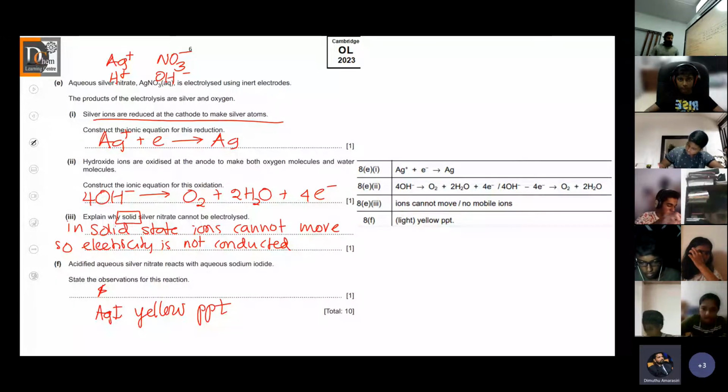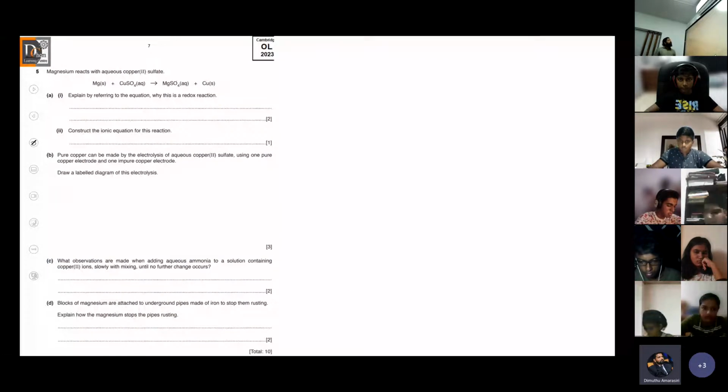Okay, next one. Explain why, referring to the equation, this is a redox reaction. Now, this can be explained in many different ways. One, referring to the equation, you can say magnesium is in 0 oxidation state. Magnesium is in 2+ oxidation state. What has happened to the oxidation state?